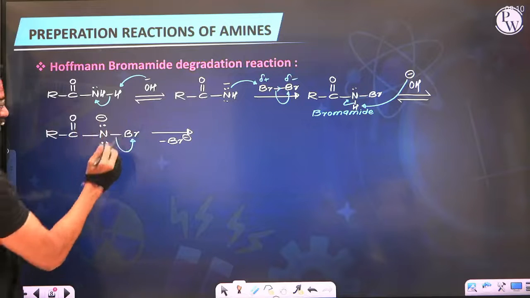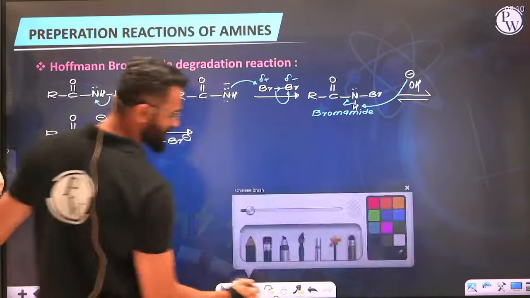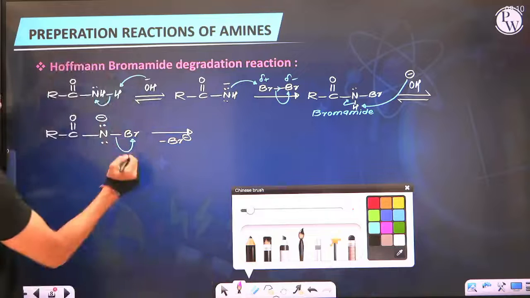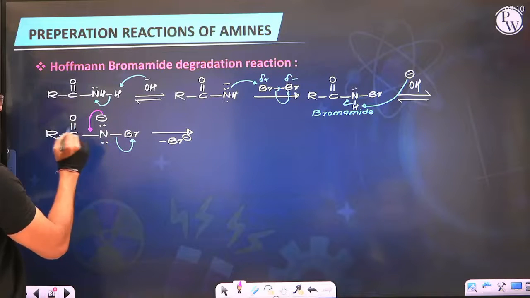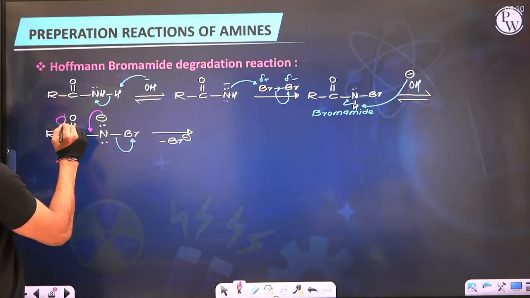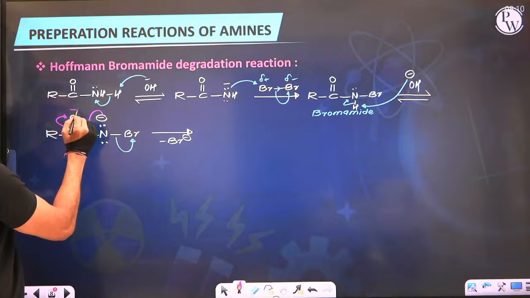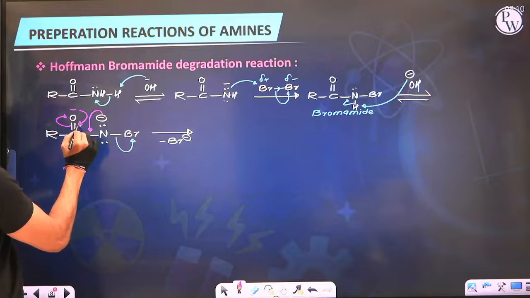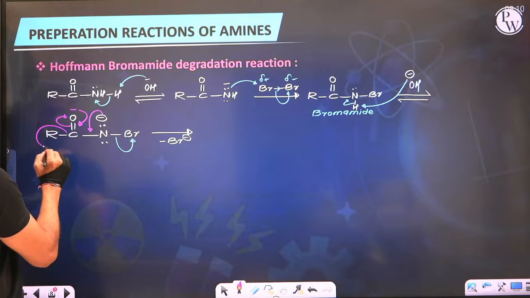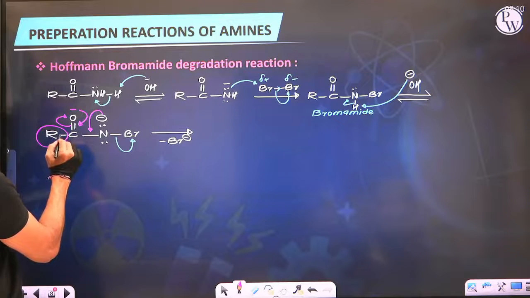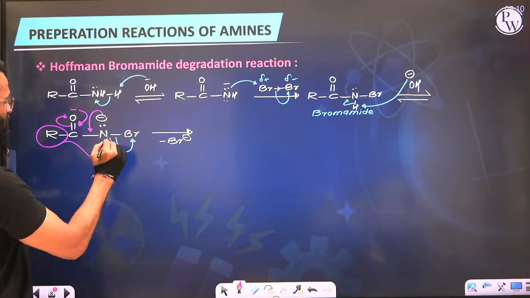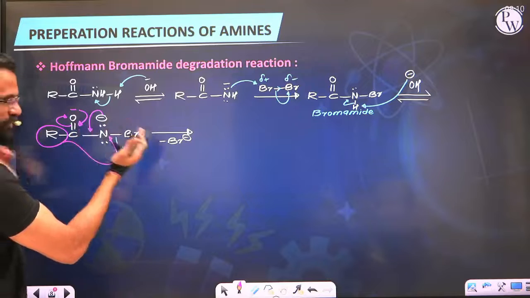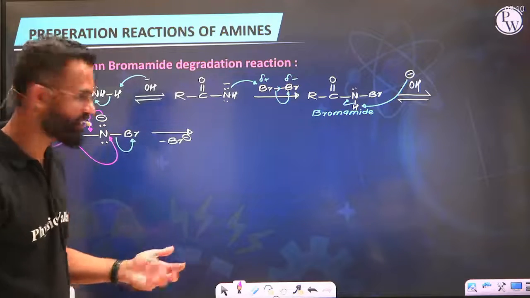Now, all these steps are simultaneous. As soon as bromine leaves, this negative charge delocalizes. So this pi bond breaks towards oxygen, making it O minus. O minus delocalizes back. That pushes the entire alkyl group along with the bond pair to leave as R minus. That R minus then attacks the deficient nitrogen of the nitrene, which is momentarily formed.